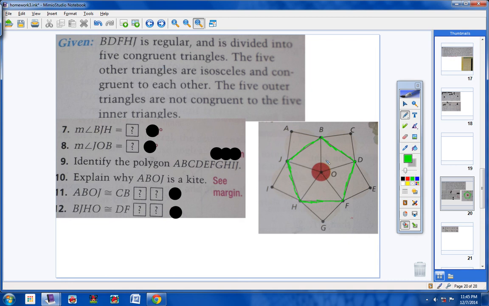So these triangles here with 1 dot are isosceles. They are congruent to each other, and they are isosceles. Now, let's see. The 5 outer triangles are not congruent to the 5 inner triangles. Okay, very good.